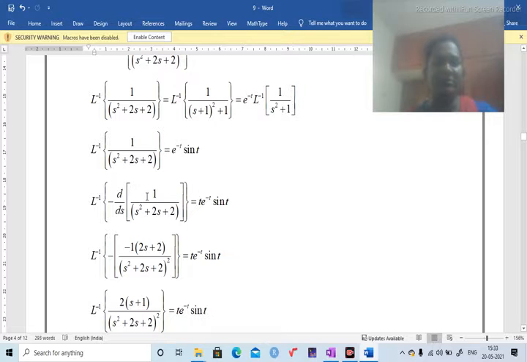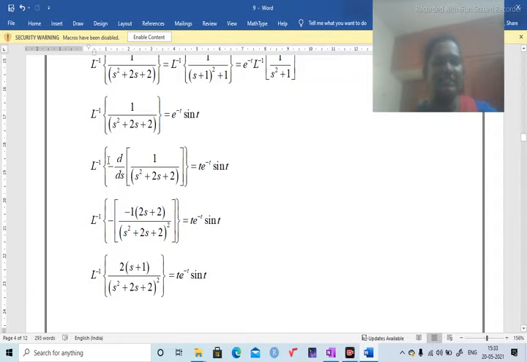Now I am going to differentiate L inverse of minus d by ds. Whenever I put d by ds, here I put t. You can observe: minus as it is, again the same formula, minus 1 by (s square plus 2s plus 2) whole square. The differentiation of s square plus 2s plus 2 is 2s plus 2.